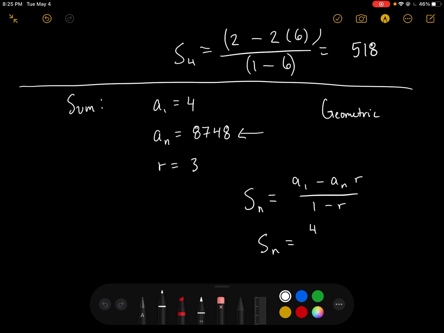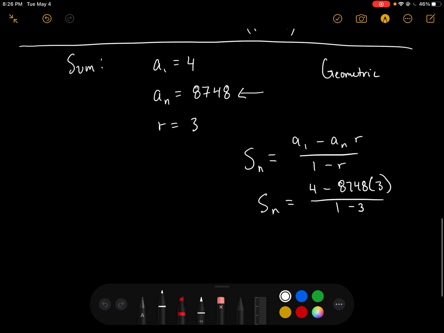So the sum is our first term minus our last term times r, all over 1 minus r. And the nice thing is we don't actually have to do any extra work here if we use the right formula. So we'll have 4 minus 8,748 times our r value of 3, all over 1 minus 3.